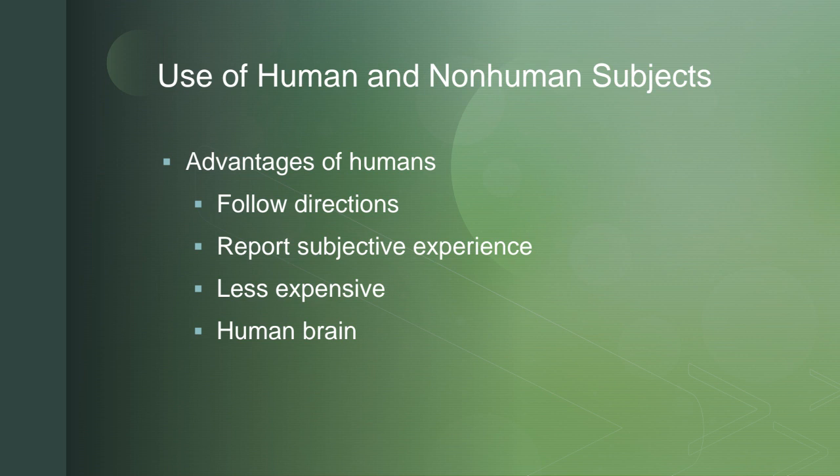A lot of the research that we talk about in this course will be based on research that has used human and non-human subjects. So let's look at the advantages of both types of research subjects.